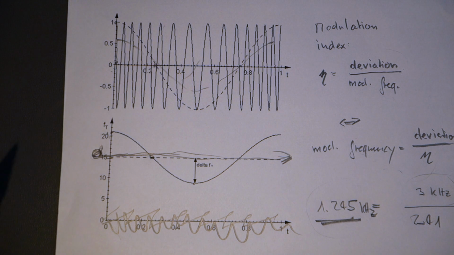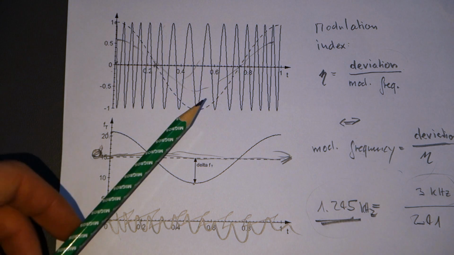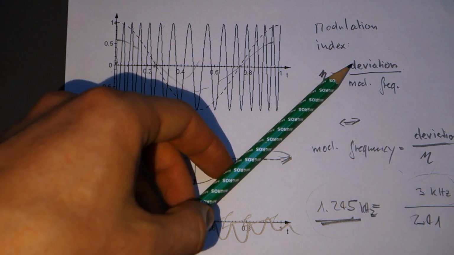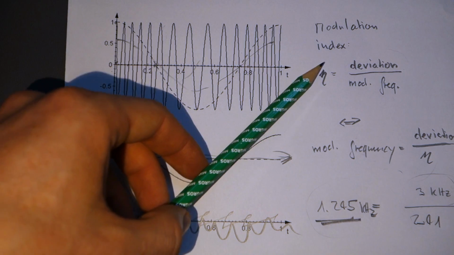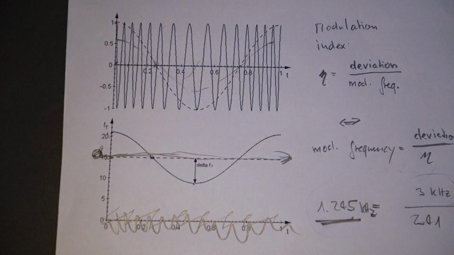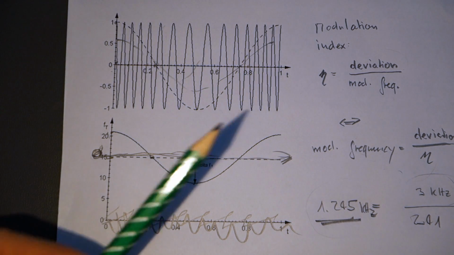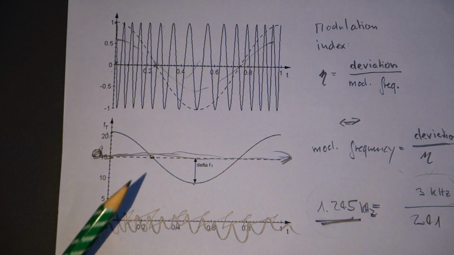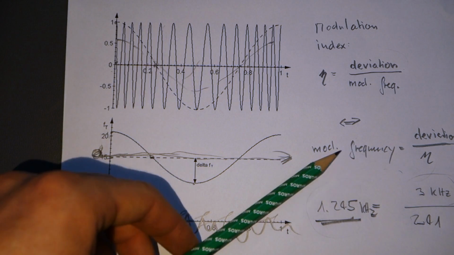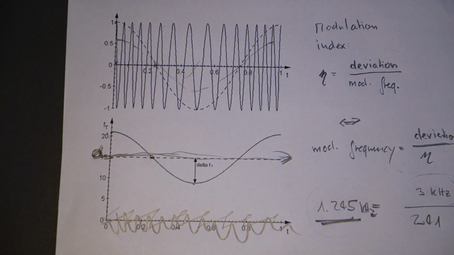And if we move 2 kilohertz up in this case, and 2 kilohertz down, we have a peak deviation of 2 kilohertz, which would mean that we'd have a modulation index of 2 kilohertz, the peak deviation, divided by 1 kilohertz. So that's essentially what the modulation index is. And we can also solve this equation, obviously, for the modulation frequency, which then boils down to deviation divided by modulation index.